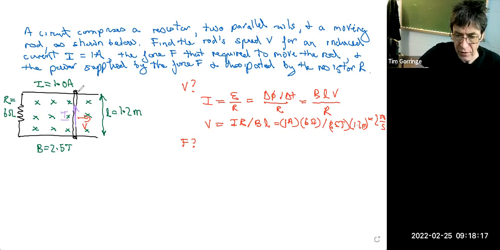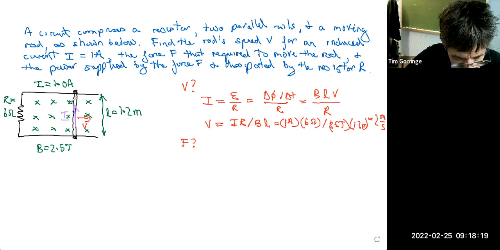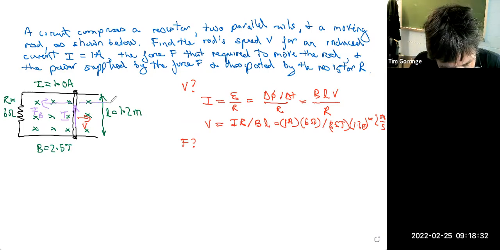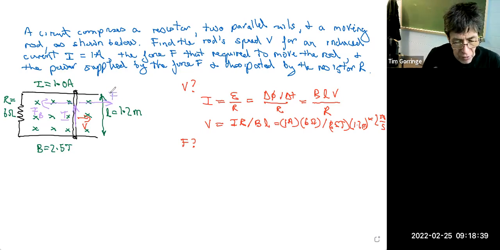And my thumb is pointing towards the left. So over here in magenta, we've got a magnetic force, I call it FB, that's pointing towards the left-hand side. And so that's why we have to apply an equal-sized opposite force of our own, I'll just call it F, towards the right-hand side to counteract the magnetic force and to move that rod at constant velocity.